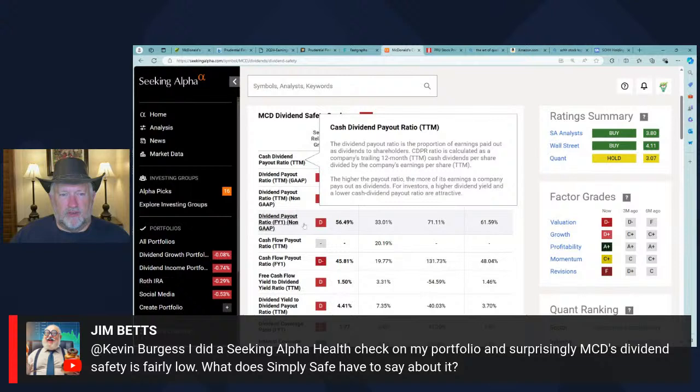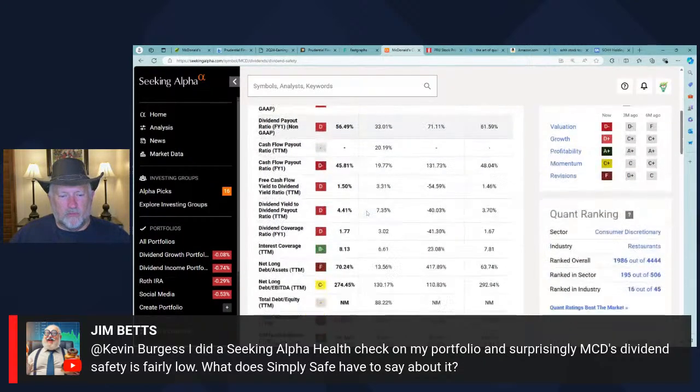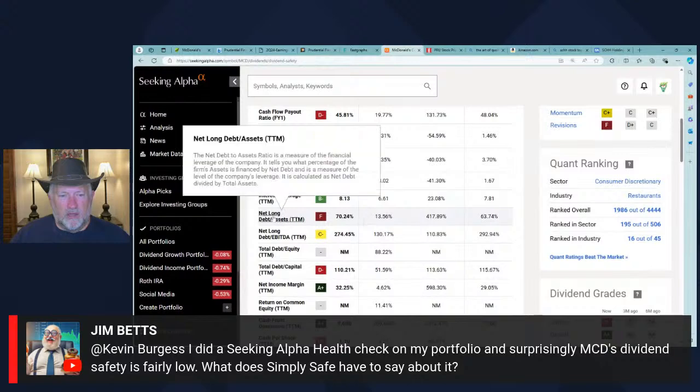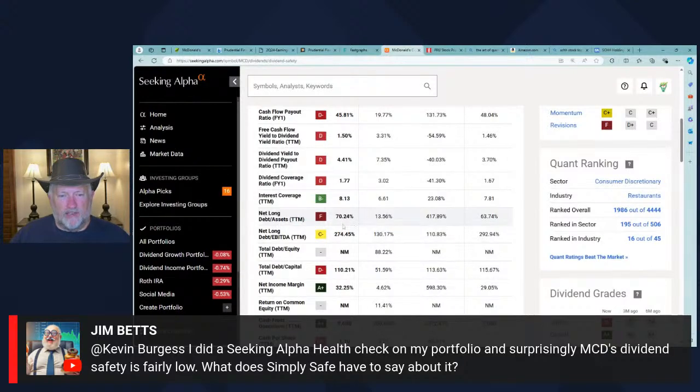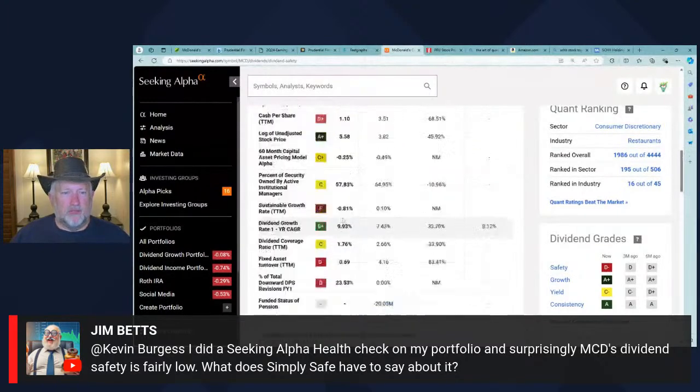Let's see, cash dividend payout ratio. I think they're comparing it to the sector. And net long-term debt to assets is an F. Anyway, looks confusing to me.